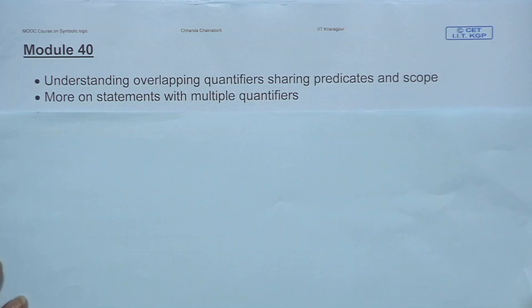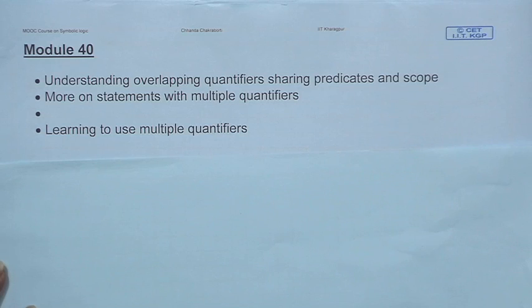That overlapping quantifier situation is going to be our last concern, and we will try to read it together. That should give us some idea about how to handle the syntax of statements where there is more than one quantifier present, and this is where we are going to draw the line on first order predicate logic.